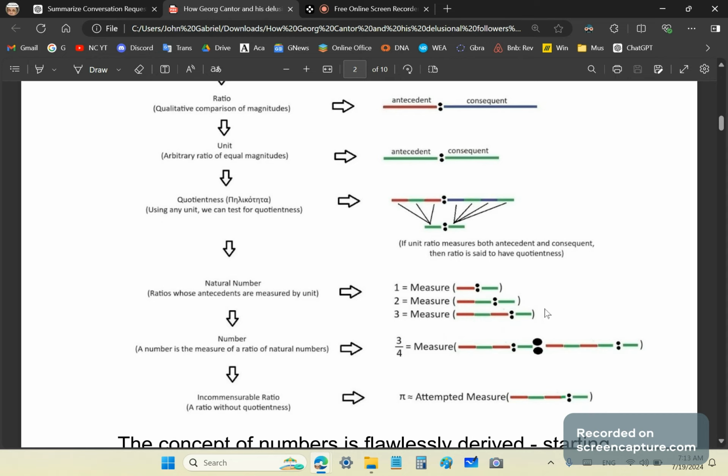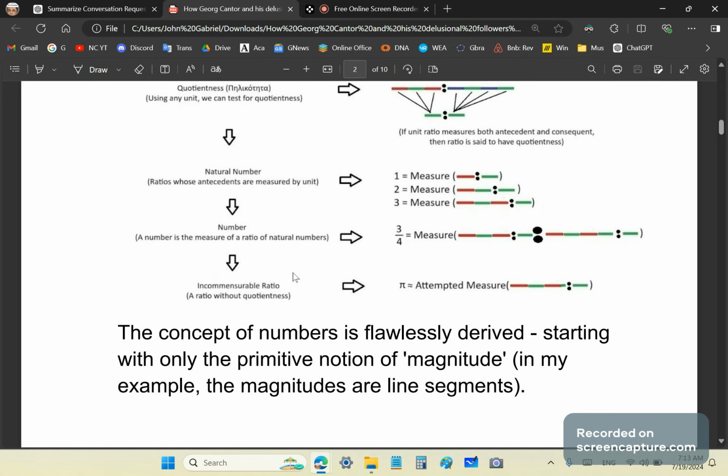It didn't, because here I'll show you that you can define the natural numbers using these measures. And of course, the final step is the incommensurable ratio. So in geometry, for example, you cannot measure these two lengths, the antecedent here and the consequent, using the same length.